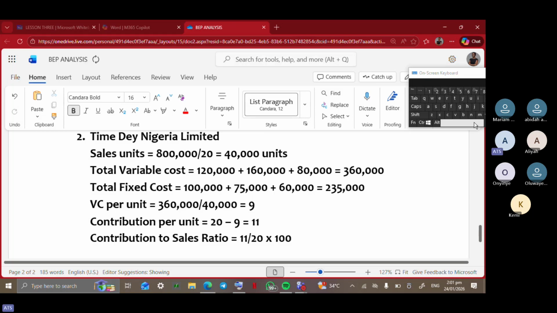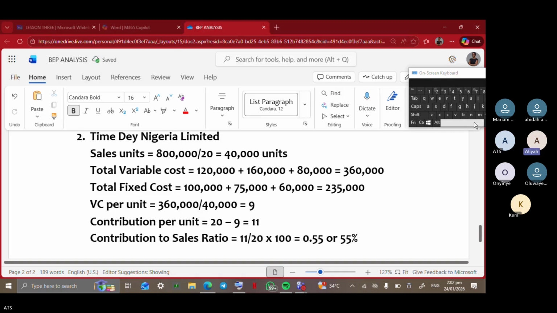So what is the answer here? 11 over 20 times 100 is 55. So you can either leave it as just 11 over 20, which is 0.55, or 55%. But please don't forget your percentage.